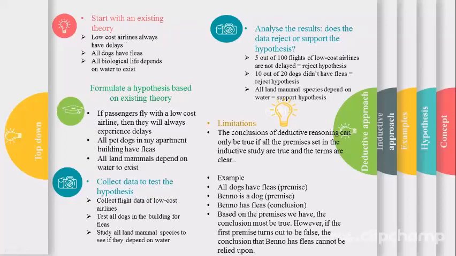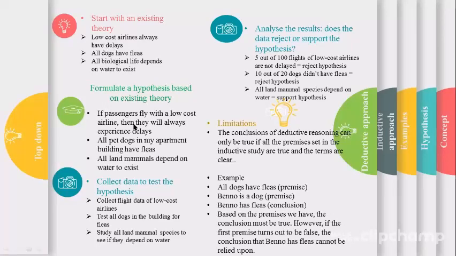Low cost airlines always have delays. So this starts with a theory. Deductive starts with a theory. The first theory says that all the low cost airlines always have delays. This is the theory. Once the theory is made, the hypothesis will be formulated based upon it.